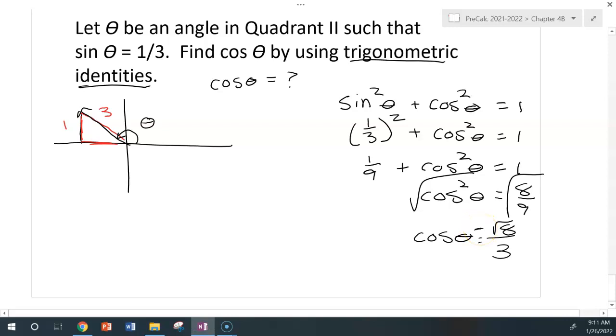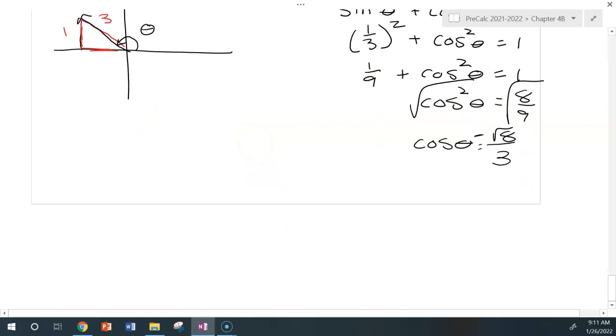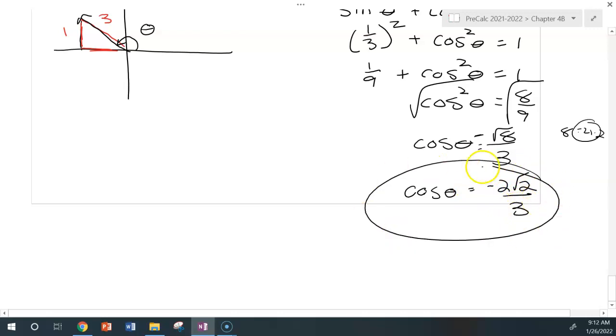Now I'm going to simplify the square root. 8 is 4 times 2. 4 is a perfect square, so cosine theta equals negative 2 root 2 over 3.